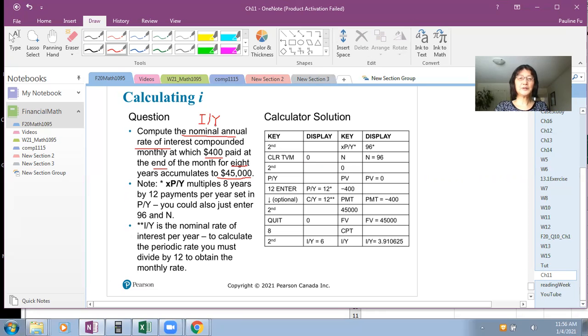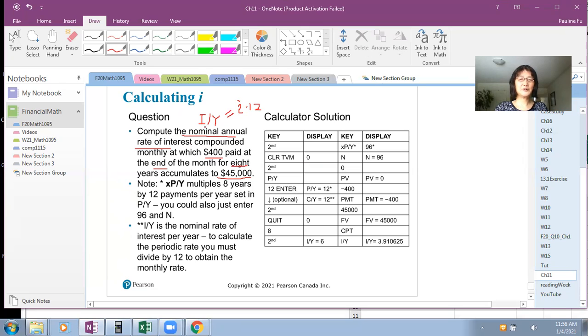What is the difference between nominal annual rate and the periodic interest rate I? The difference is you use periodic interest I multiplied by 12 in this example because it is compounded monthly. You get the nominal annual rate.